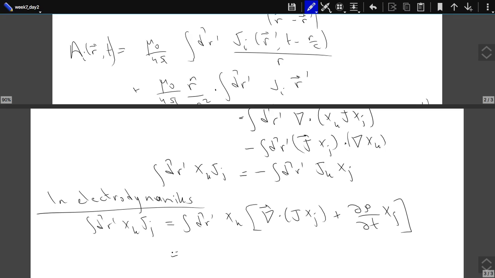So that term just gives me minus ∫d³r′ j_k x_j plus d by dt ∫d³r′ rho x_j′ x_k′.